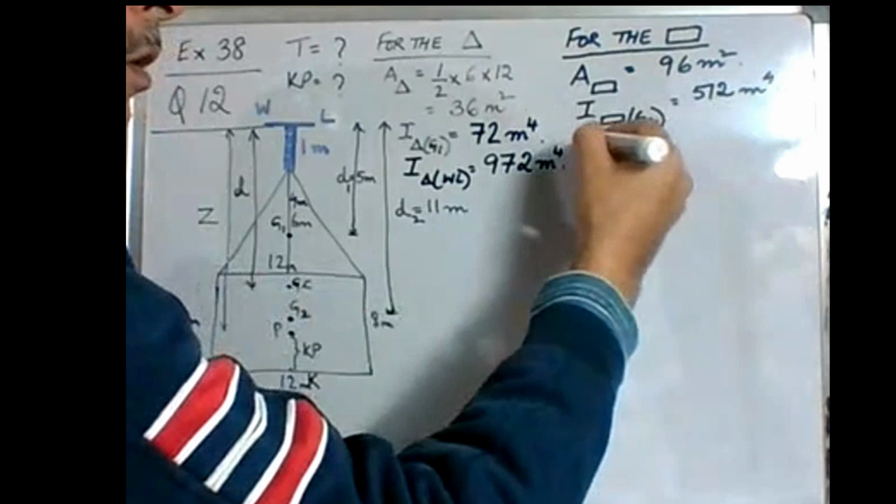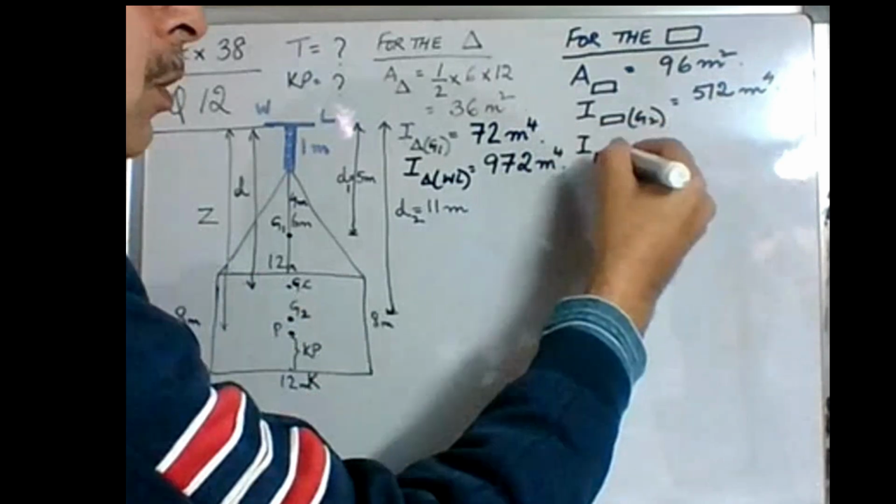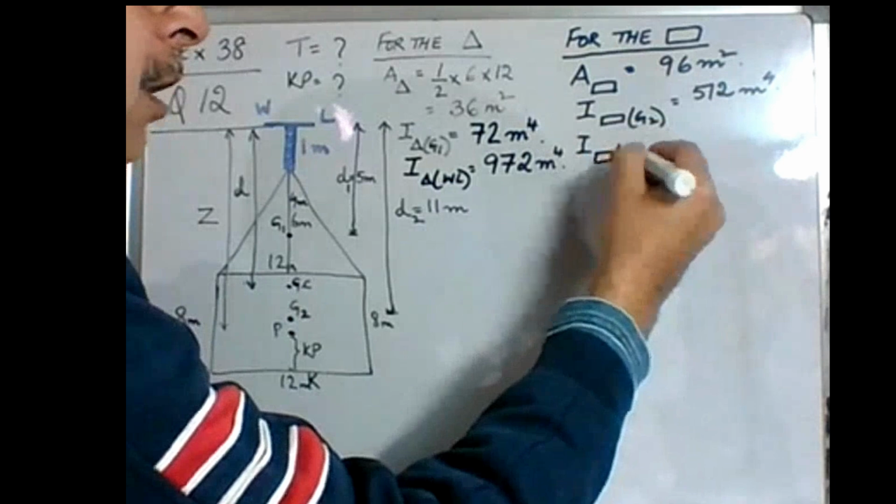I want I of the rectangle about the waterline.